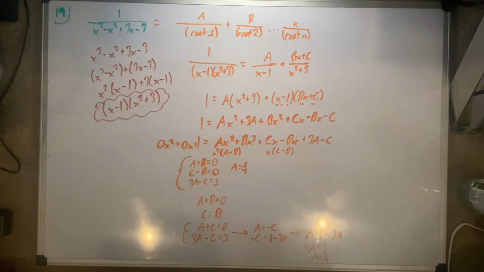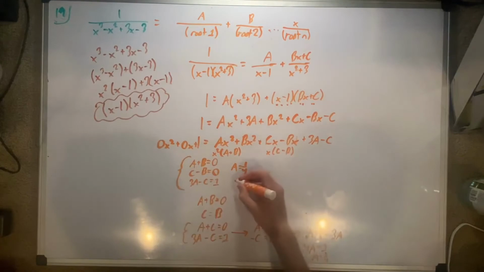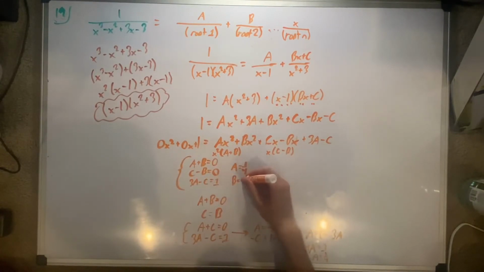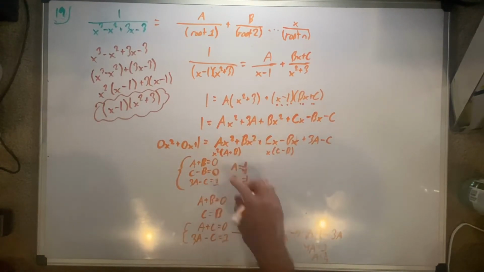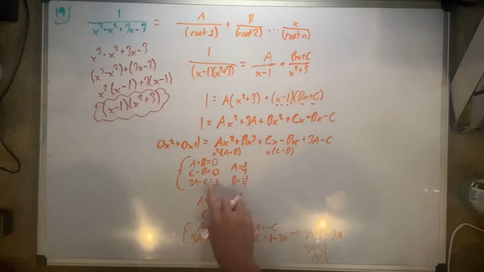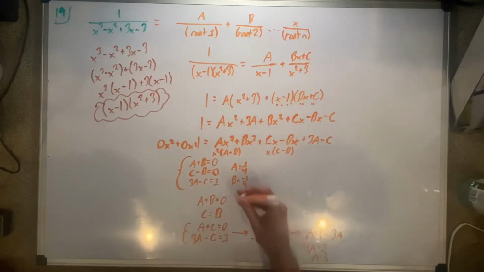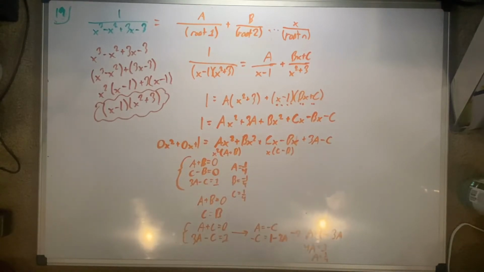So if a is equal to 1 over 4, then that means b has to be equal to negative 1 over 4, so that those can add to equal 0. And then if c minus b equals 0, that means c is also equal to 1 over 4. So because 1 over 4 plus, so this has to be negative 1 over 4.